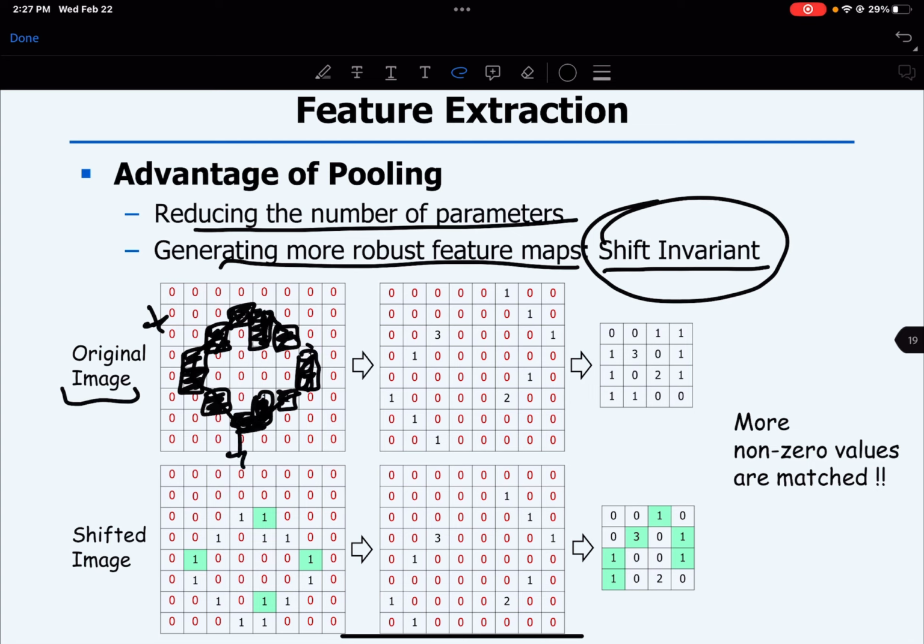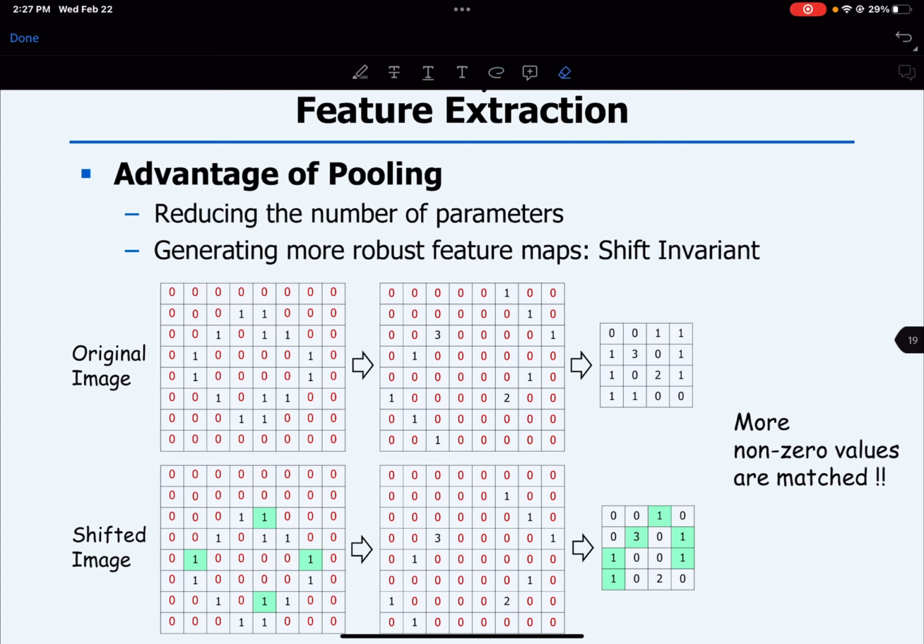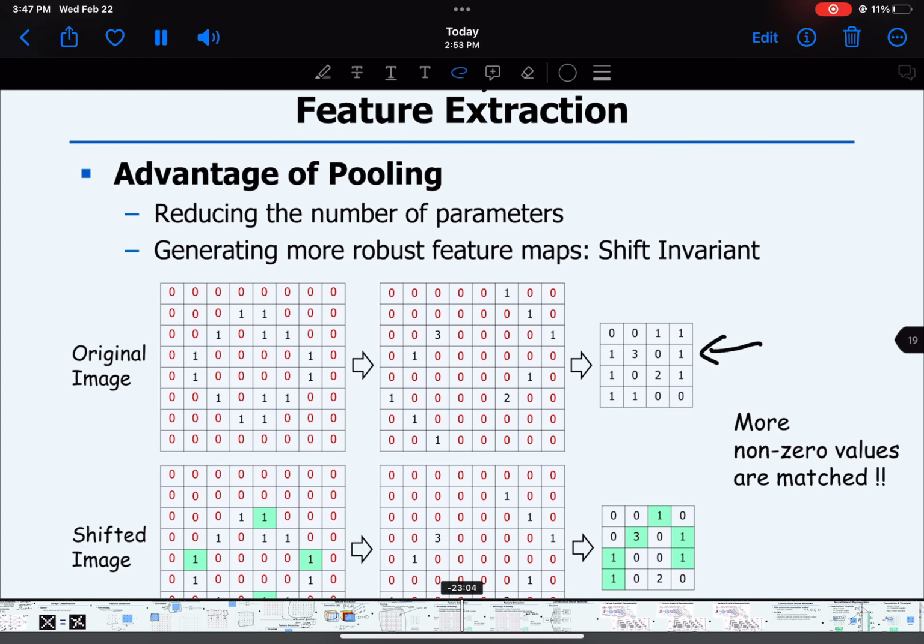So these two ones that we have here have now shifted one place vertically downwards, and you can see that if we now apply the max pooling concept, this is the feature map that we got before, and with the shifted version we get this output, and we can see the similarities between these two feature maps.